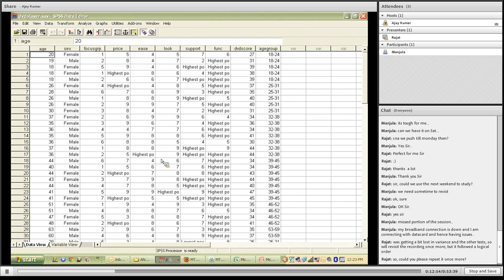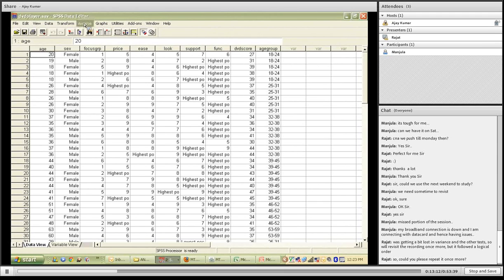As one of the criteria for targeting the market for this DVD player is age group, we would like to see whether people of different age groups have different opinions about this DVD prototype. That is what we will check with ANOVA.